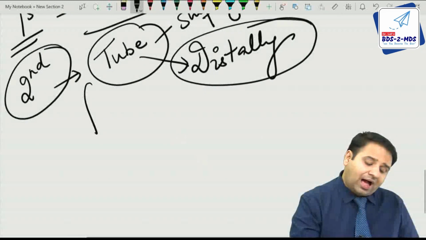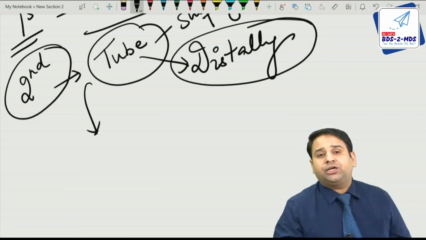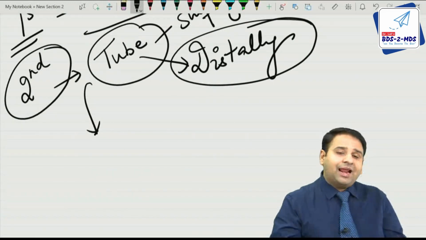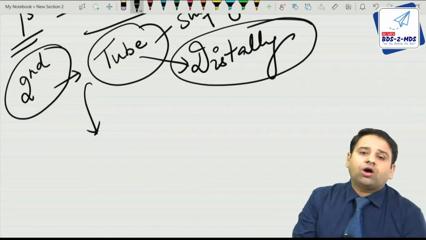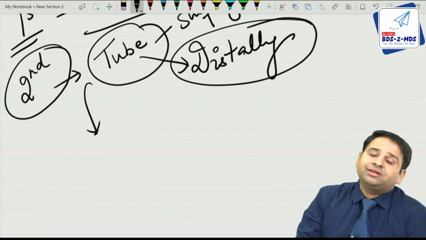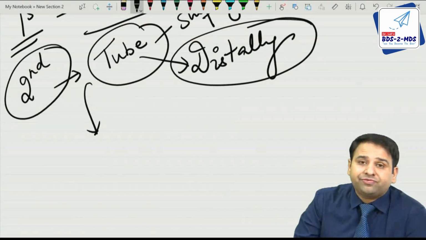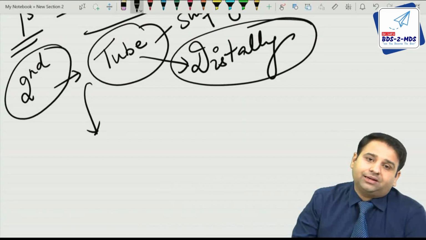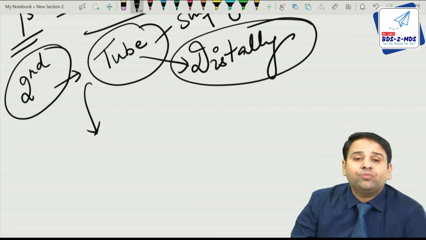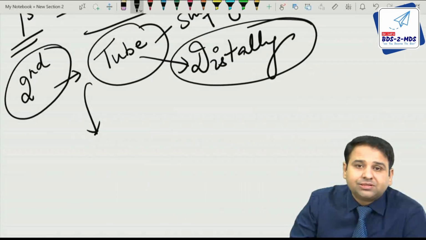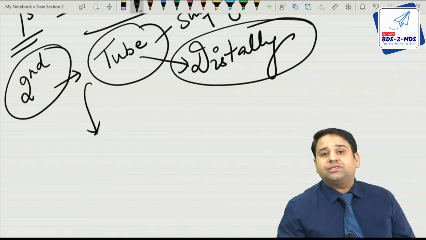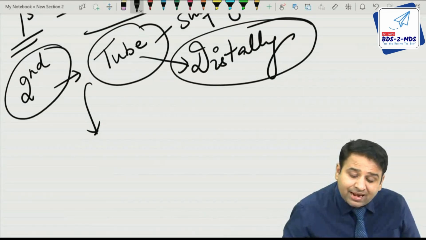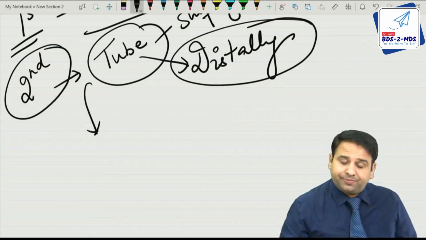Now I will put these two radiographs on the viewer box and see the difference. If this impacted canine which was present in the premolar region shifts towards the second premolar or towards the molar, that means it is again shifting distally.